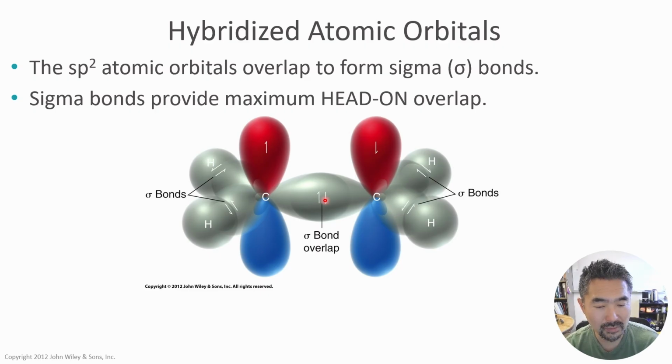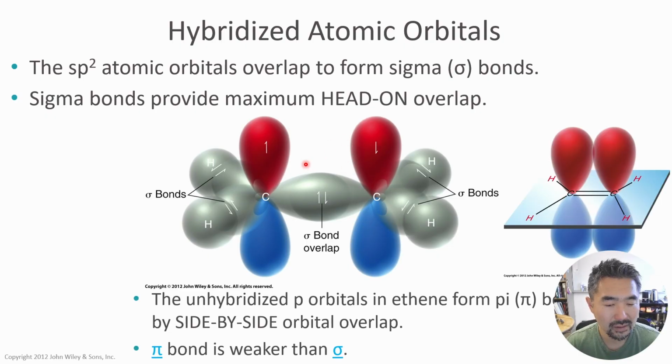So each carbon has 1, 2, 3 sigma bonds, with 1 p orbital left over. And those can have this side-to-side overlap, which is not as strong as this head-to-head overlap, and hence this is going to explain a lot of the chemistry that we'll learn in this semester.